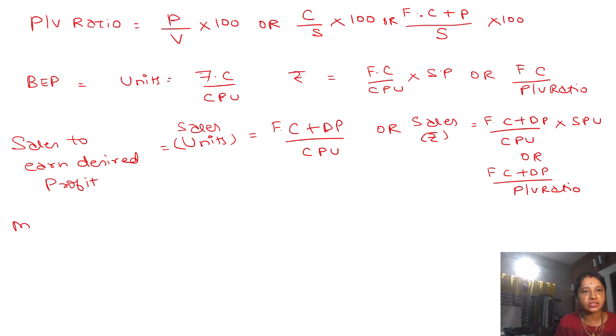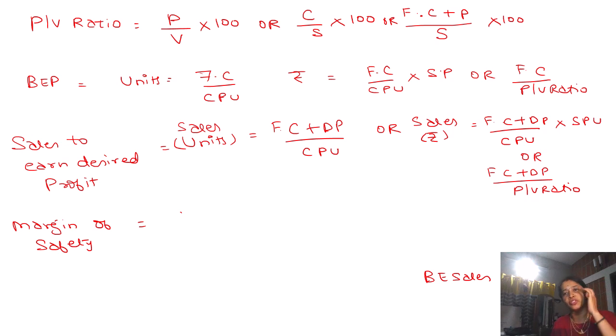Then the last term, which is very important from your examination point of view, margin of safety. Margin of safety is equal to how safe you are with respect to your sales. Now break-even sales is the point where you don't get any profit or loss.